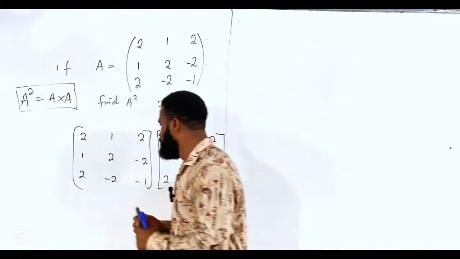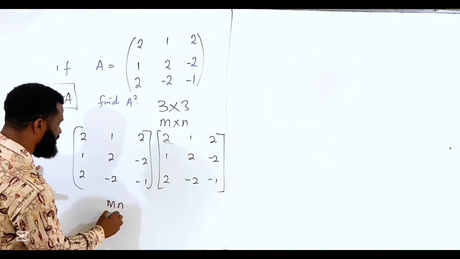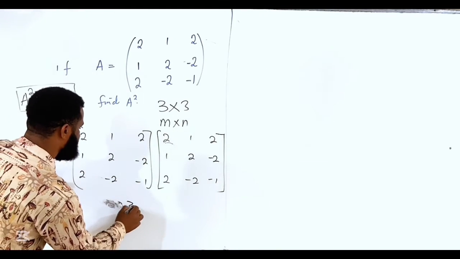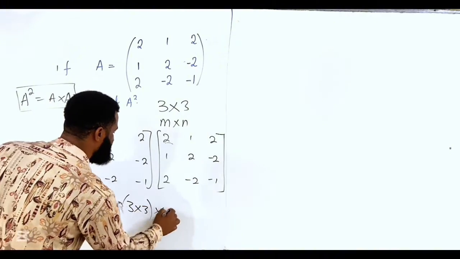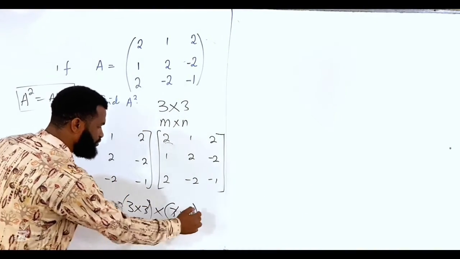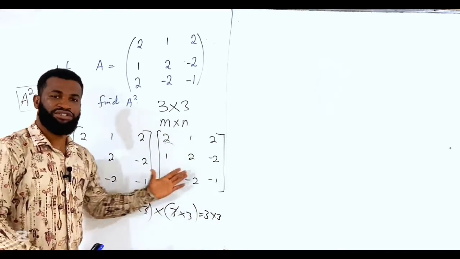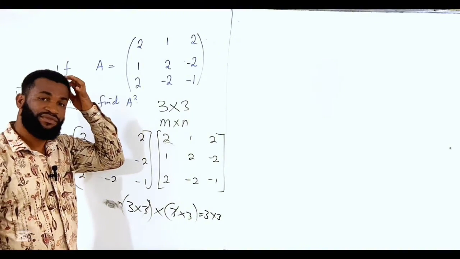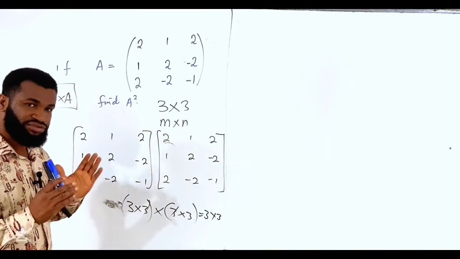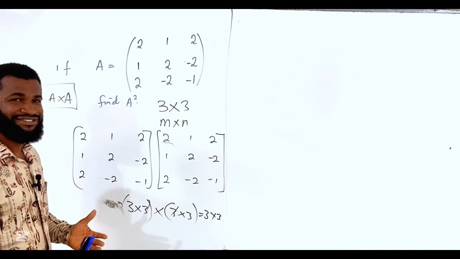If the first is a 3 by 3 matrix times another 3 by 3 matrix, the inner dimensions cancel, so our answer is also a 3 by 3 matrix. I am sure you have basic knowledge before coming here, but if you do not, I am going to take you through each step and give you even the beginner's guide. All right, let's get started.